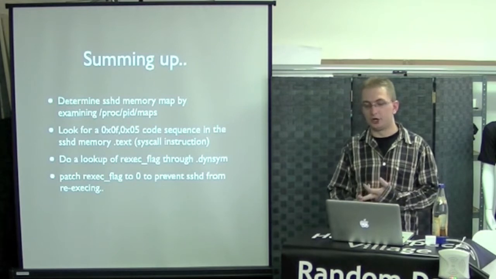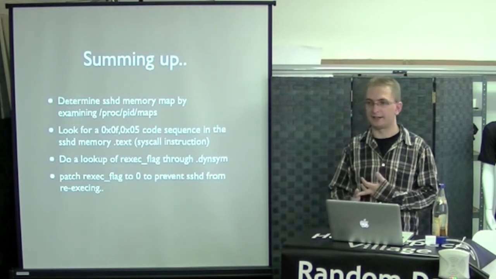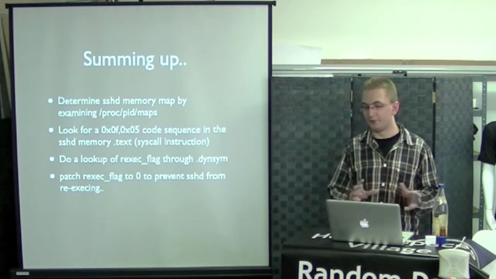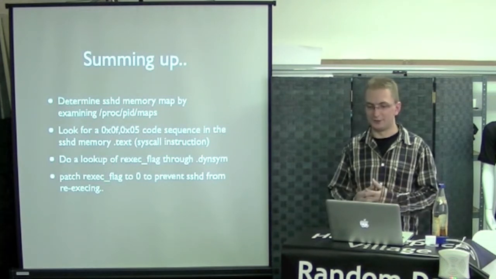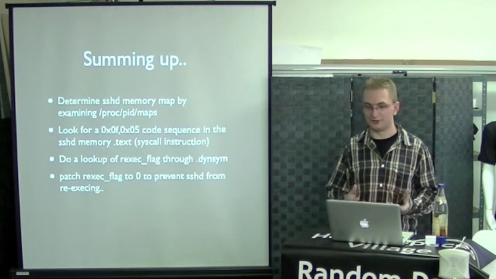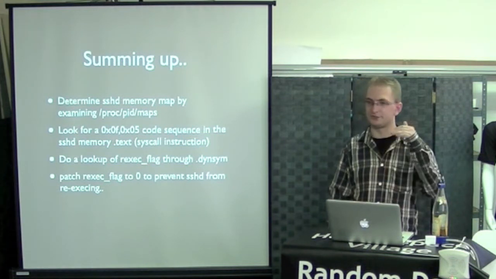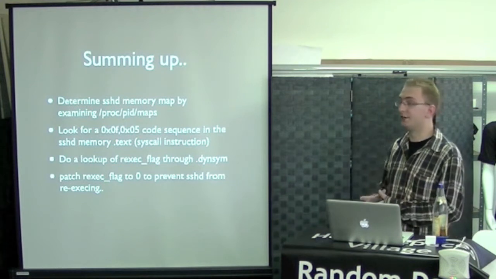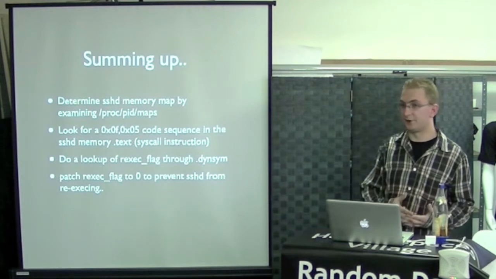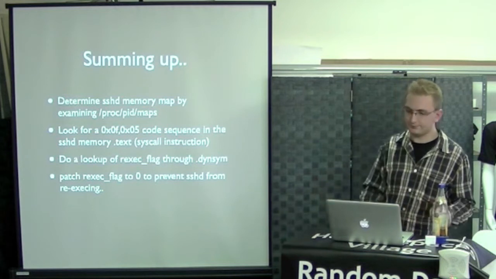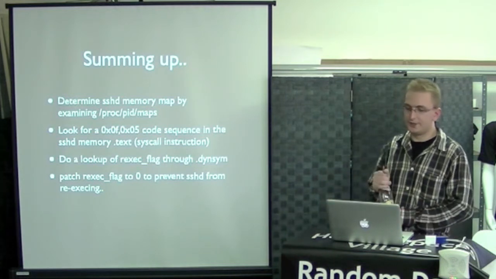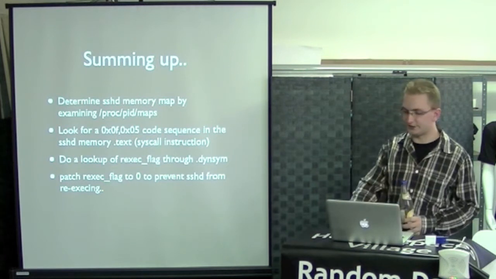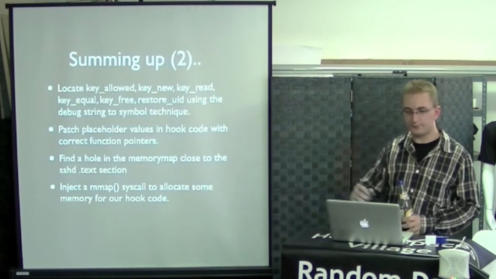Then we do a lookup of the rexec flag through the dynsym table. This is actually one of the few places where symbol resolution still works, because there are still symbols for some static variables, like this rexec flag, which we want to patch to prevent SSHD from re-executing itself and destroying our patches. So we patch this flag to 0 to prevent SSHD from re-executing.